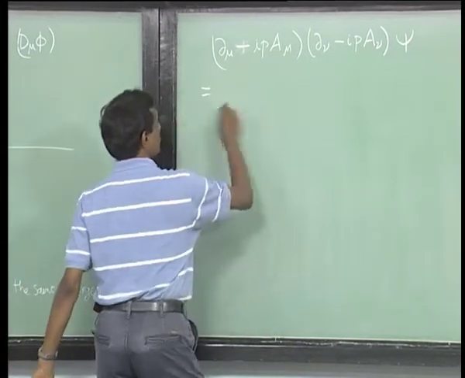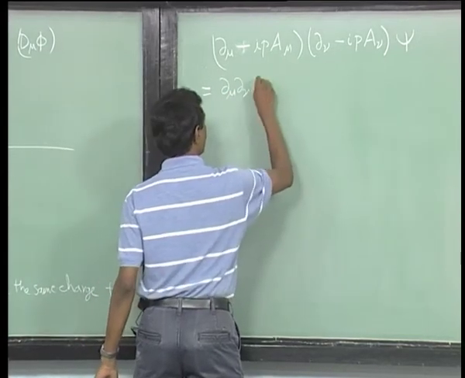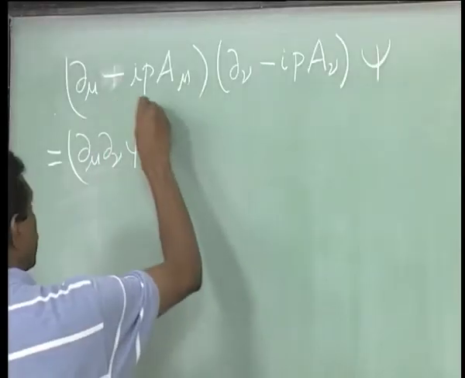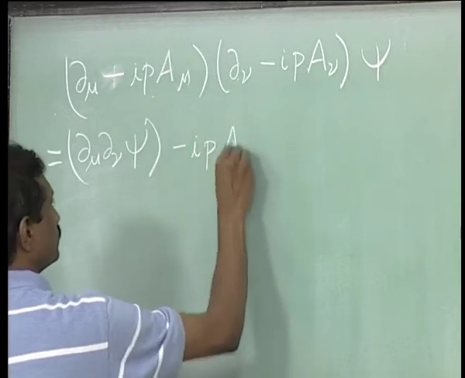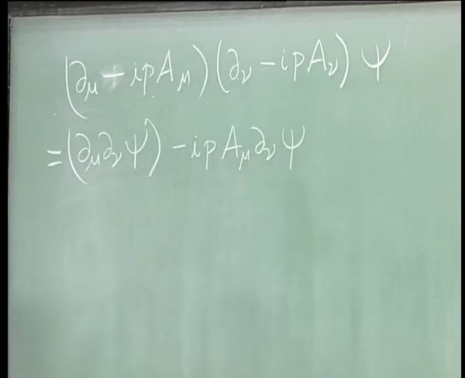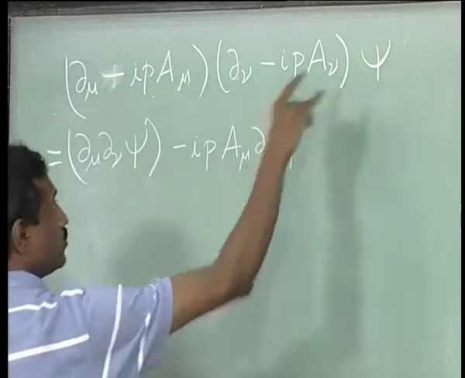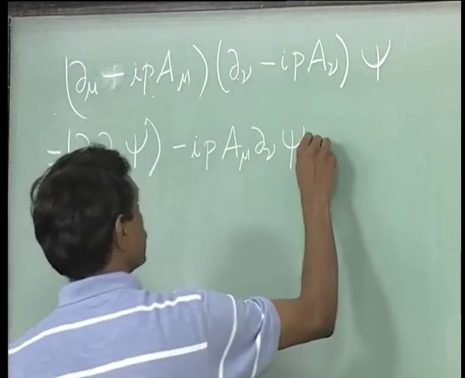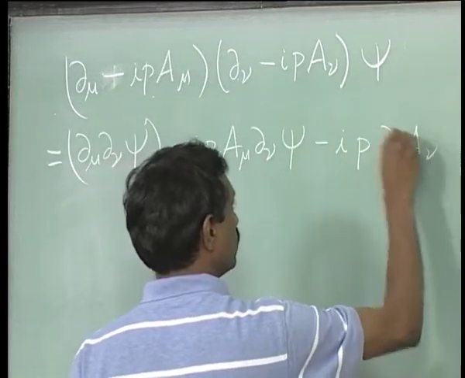So, let us write out the various terms. This is one term, and then there is another term which goes with this. So, we are done with one set of terms. Now, let us look at the next term. When D mu acts on it, you actually get two terms, one of which is minus i p D mu A nu of psi.